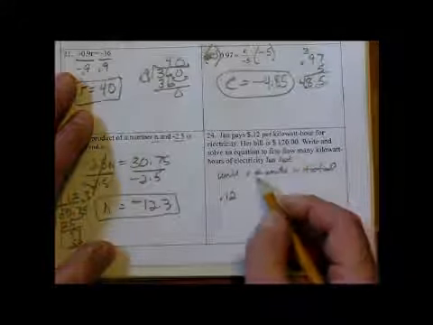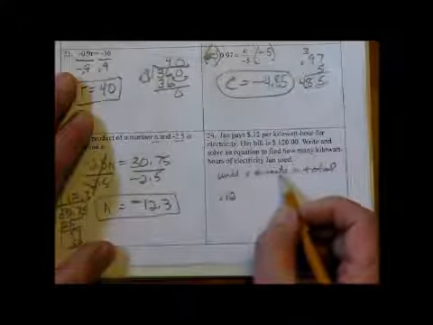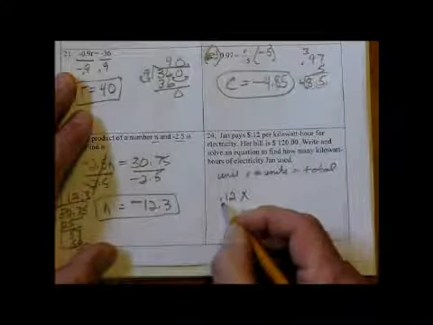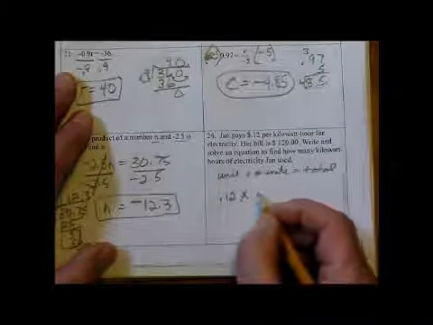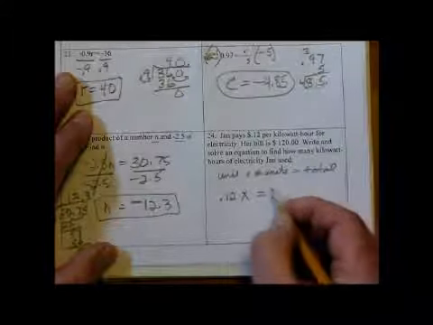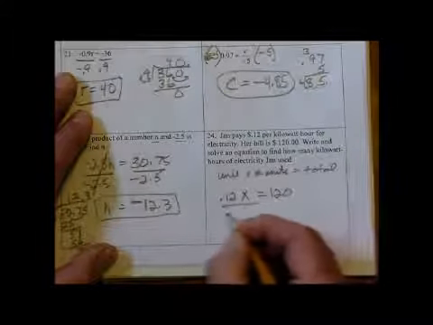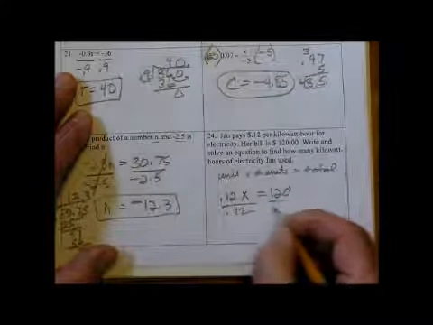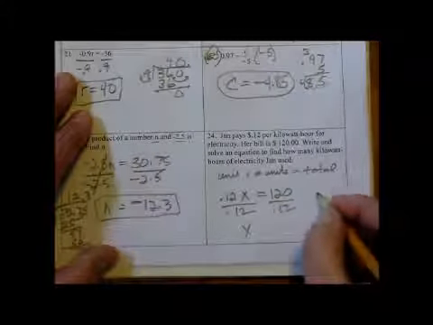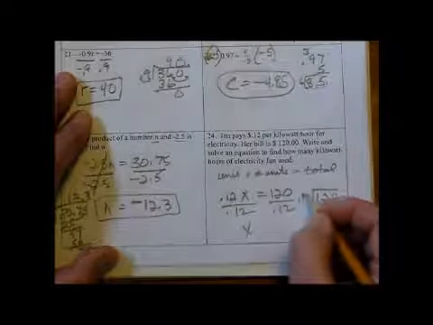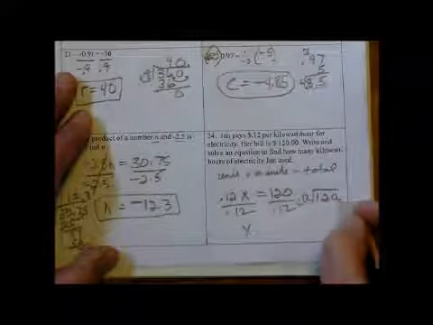But we're not given the number of units, so I'm going to say I don't know it. 0.12x is equal to the total, which is 120. Divide each side by 0.12, and I get x is equal to whatever this is. So it's 120 in the garage, 0.12 outside the garage. Move this over 1, 2.